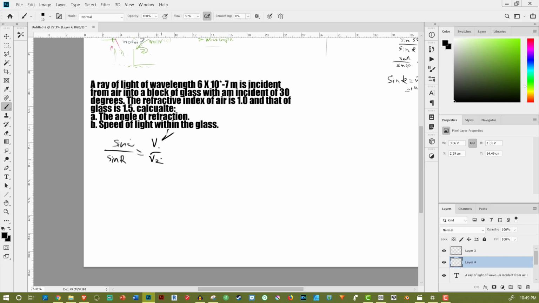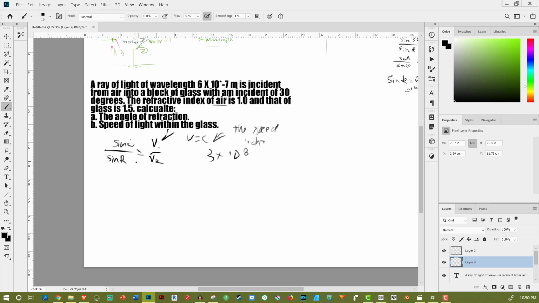We know v1. V1 is the first material, so therefore the one mentioned first, which is air. So v1 will be equal to c, the speed of light in a vacuum, the normal speed of light, which equals 3 times 10 to the power of 8.